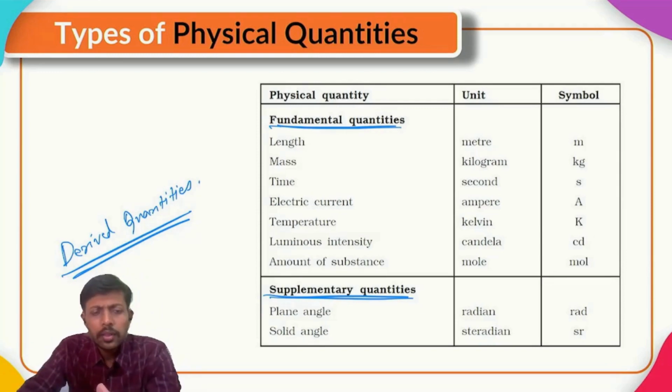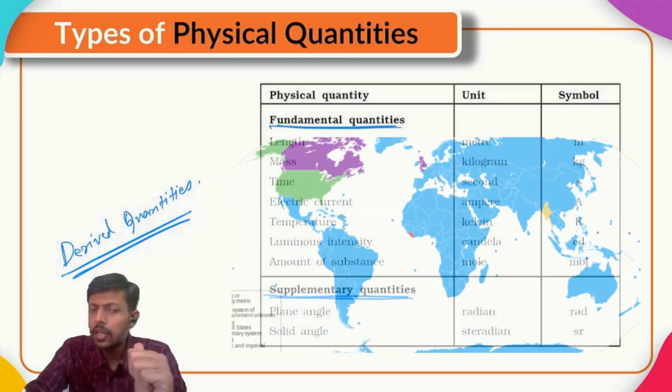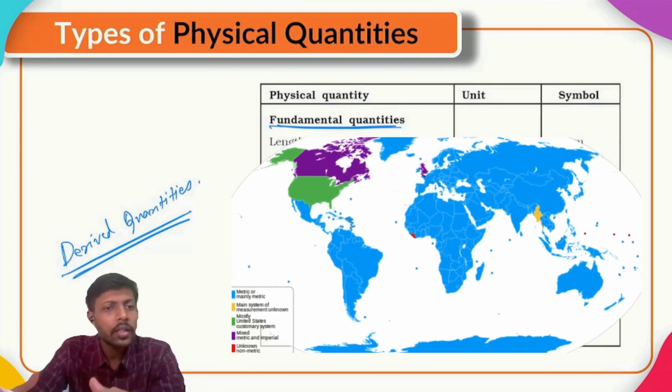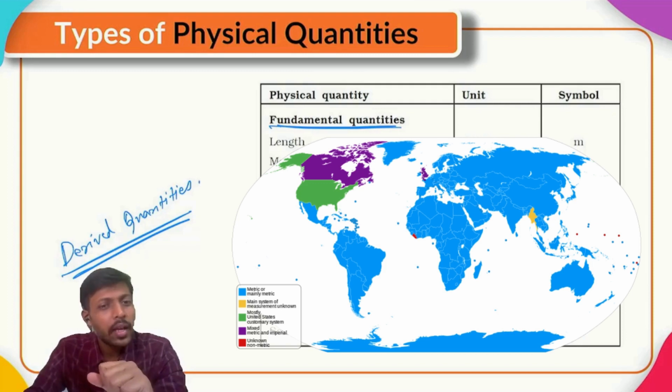Initially, different places were using different kinds of units. In the United Kingdom and other places, the metric system was being used, whereas in the US we had the foot-pound system. In the US people used to measure length using feet and weight using pounds, whereas the same thing was measured in kilograms in the United Kingdom, India, and other places.